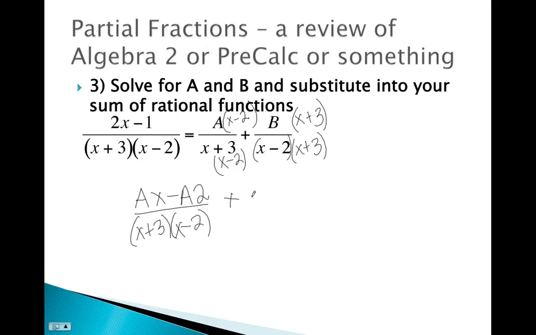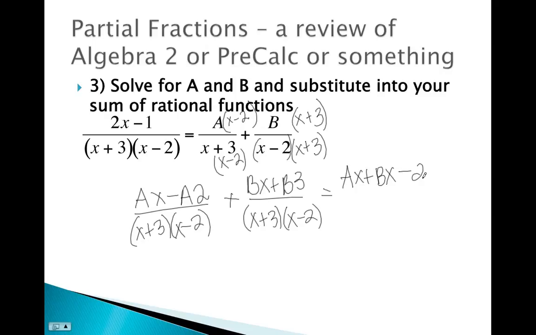Plus I take the second one, bx plus b times 3 over x plus 3 times x minus 2. And then I simplify my numerator. I have ax plus bx minus, I'm actually going to write this as 2a rather than a2, that's kind of weird, plus 3b, all over x plus 3 times x minus 2.